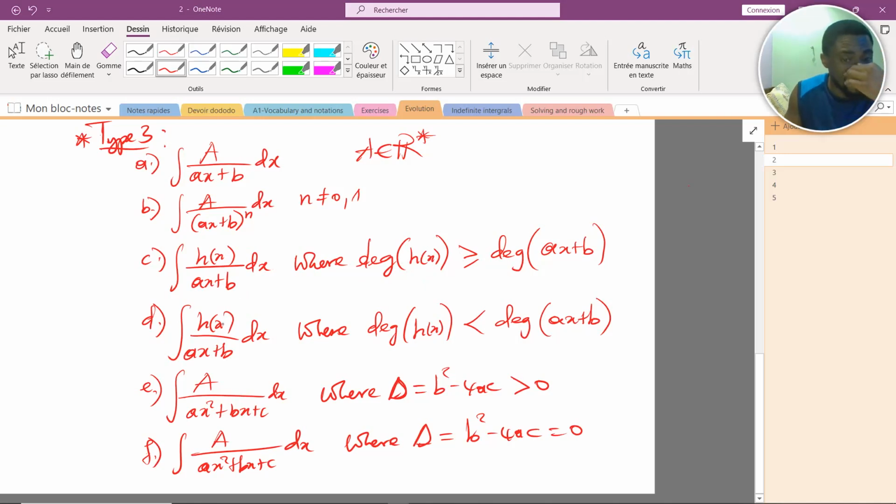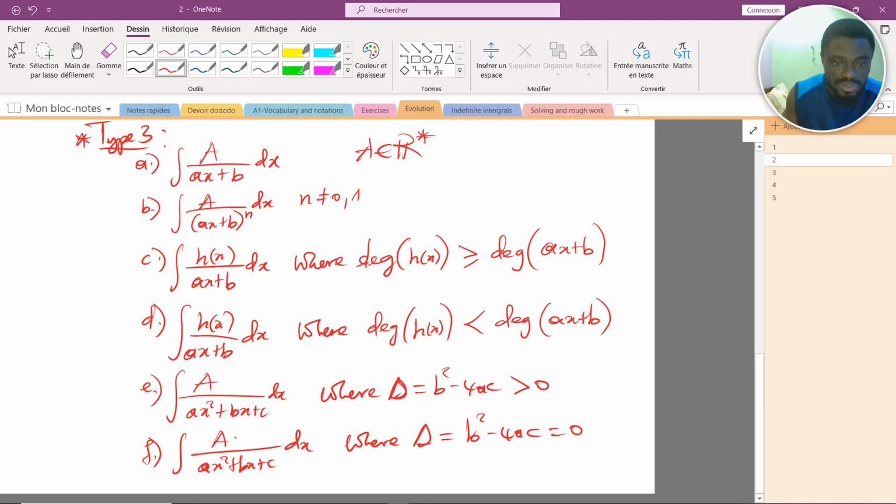We're going to see the type h of x over ax plus b, where the degree of h of x is less than the degree of ax plus b. We're going also to see the type A over ax squared plus bx plus c, where the discriminant, that is b squared minus 4ac, is greater than 0.